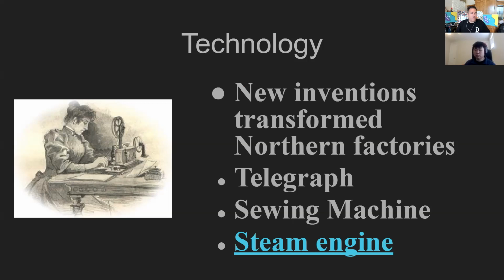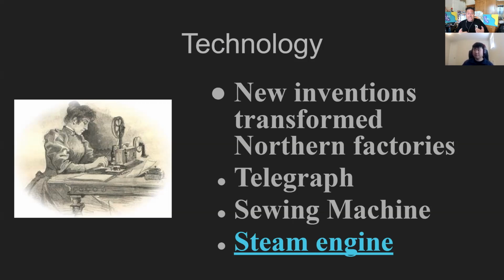The sewing machine made the production of clothing so much faster. Before then, you had to make clothing by hand, and with the sewing machine, it's so much faster. And then finally, the steam engine. The steam engine was first introduced in the steamboat in 1807 by Robert Fulton, his steamboat, the Clermont.